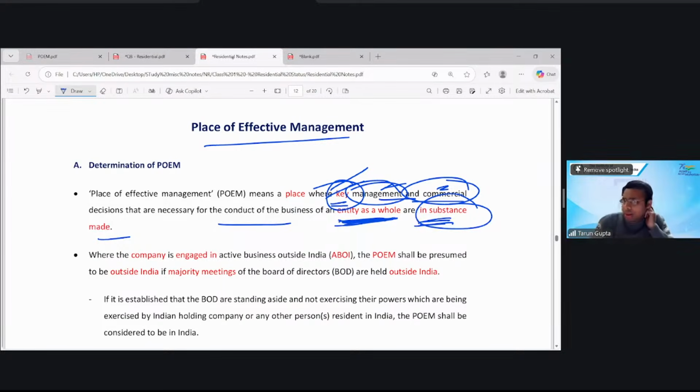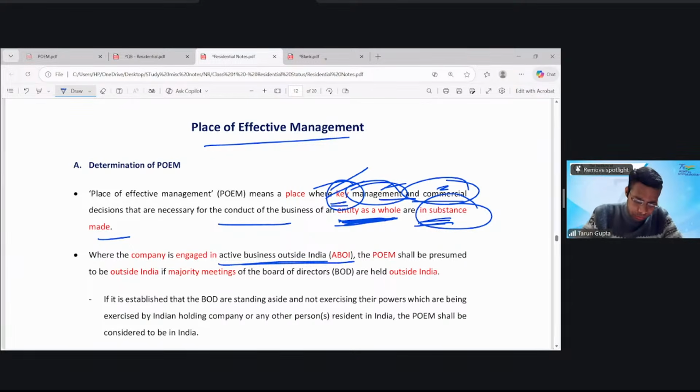So what the circular says, to decide whether the foreign company has a POEM in India or not, you have to see first whether the company is engaged in active business outside India, ABOI. So before deciding whether it's a POEM or not, first decide whether the company is engaged in active business outside India.